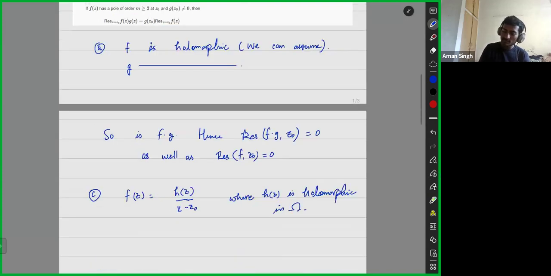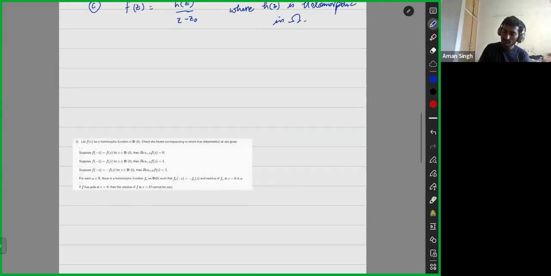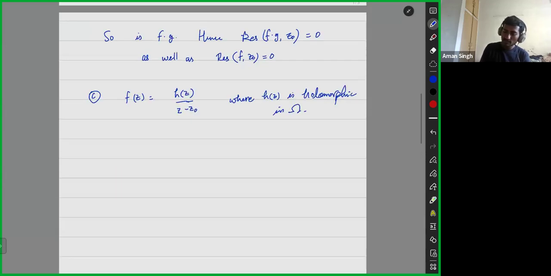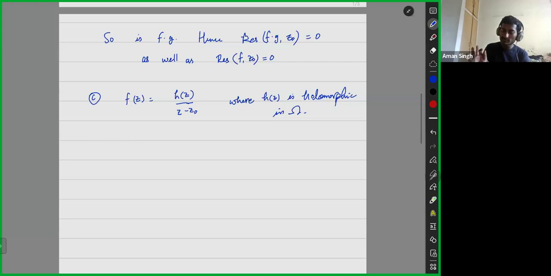Okay, let's see. g is already a holomorphic function, so g has a Taylor series expansion. Also f(z) has an expansion at z naught.